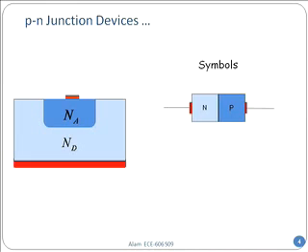Now the symbols. People many times draw a symbol like this for a PN junction, but more importantly, you may have seen that people draw a diode as a triangle terminated by a solid vertical line. Essentially this is a symbol for a diode, and we'll show that the current can flow more easily in one direction compared to the other. Now, where does this symbol come from? If you look at the device, it doesn't look like that representation.